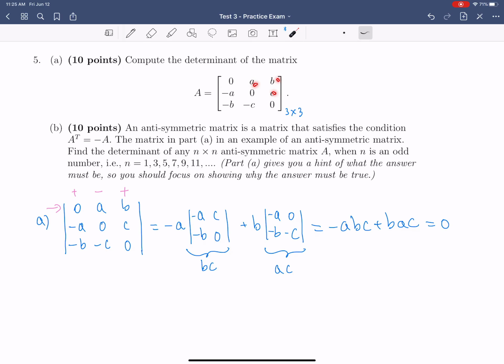It does not matter what they are. You will always get the answer to be 0. So how can we use this to say solve for maybe the 5 by 5 determinant or 7 by 7 determinant and so on? So let's give that a try.